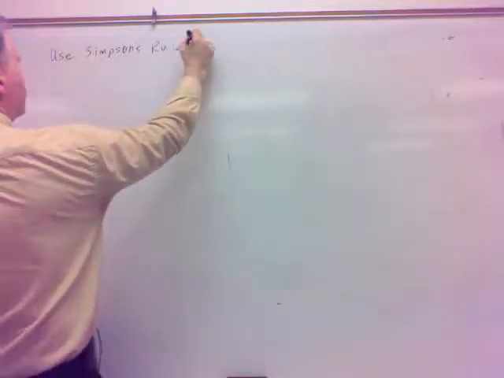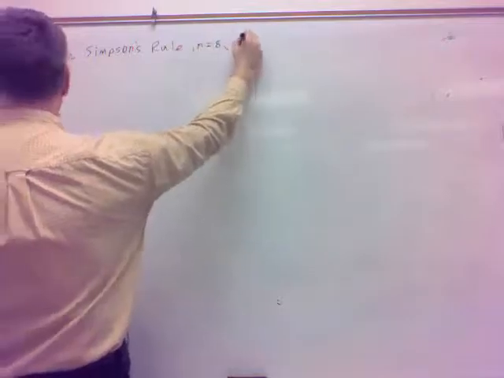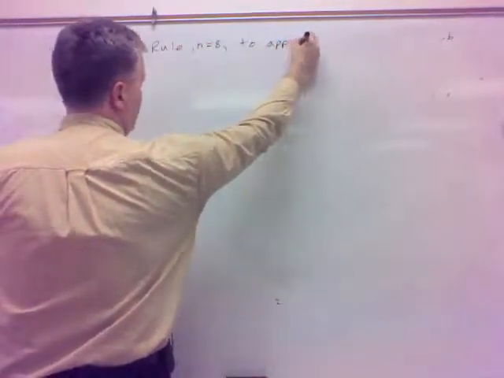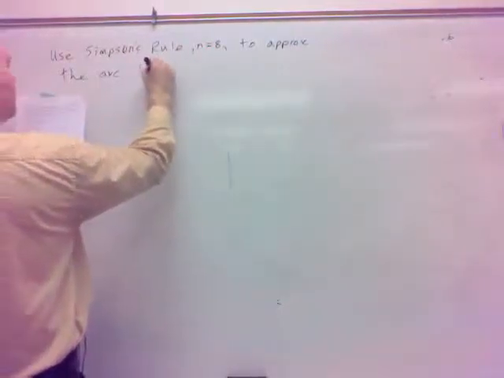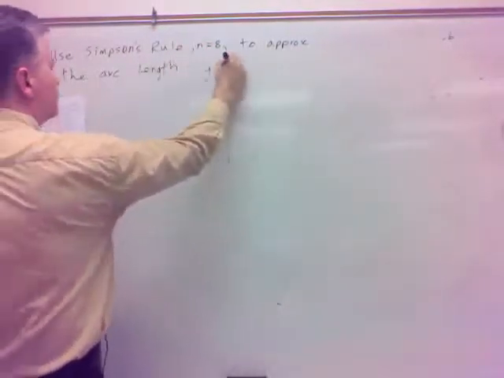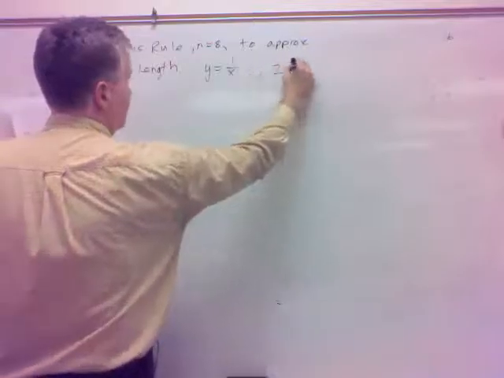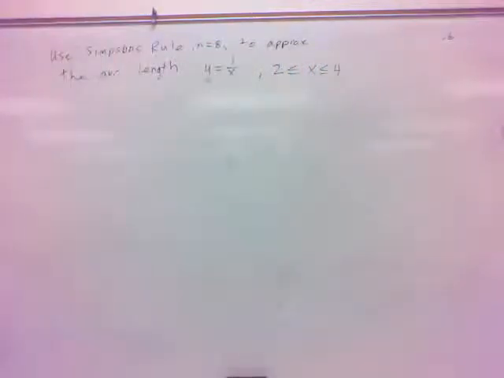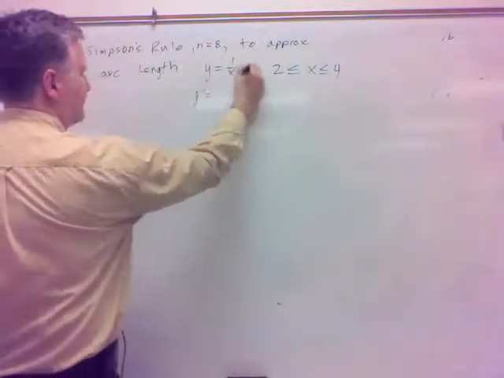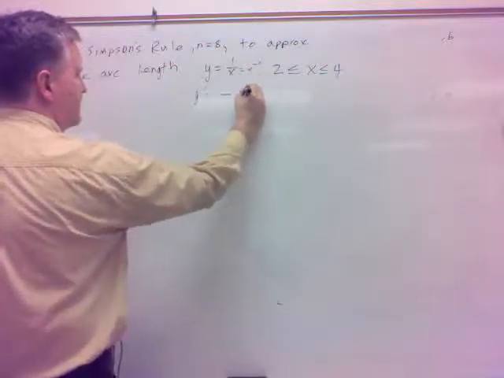All right, let's use Simpson's rule, n equals 8, to approximate the arc length. y equals 1 over x, x is between 2 and 4. Simple function, right? 1 over x. The derivative, since that's x to the -1, would be minus x to the -2.